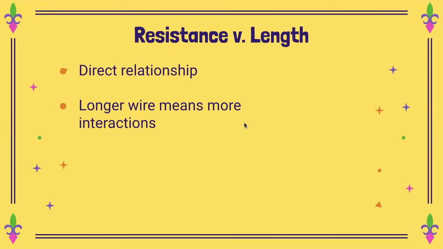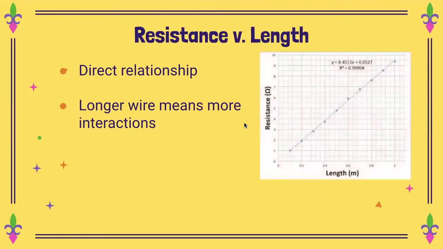Our graph for length versus resistance was supposed to be direct. Yours was linear because there was an internal resistance from the multimeter. So ideally, resistance increases as length increases and vice versa. That's why when we ultimately get our resistance equation, length will be in the numerator.